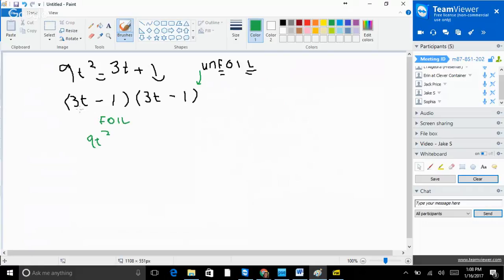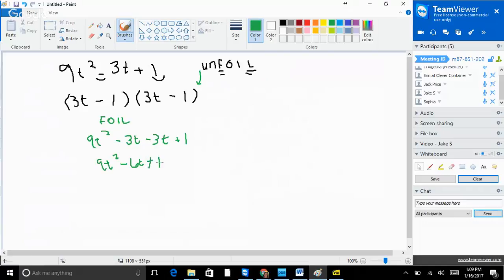Then my outside is 3t times negative 1, which is negative 3t. Negative 1 times 3t is negative 3t. And negative 1 times negative 1 is positive 1. So when I do this, I actually end up with 9t squared minus 6t plus 1.